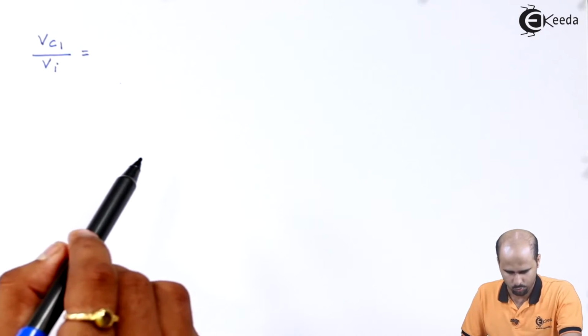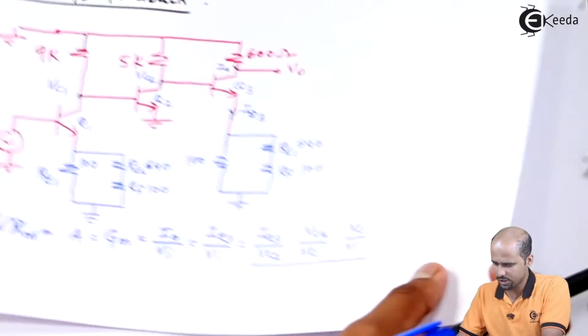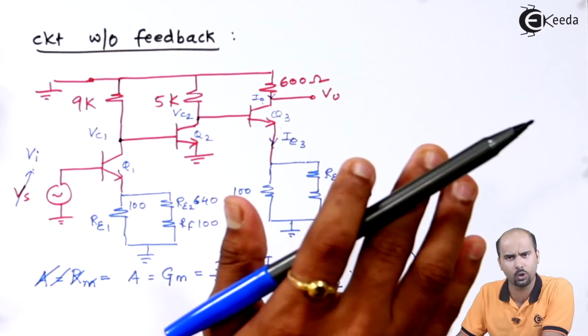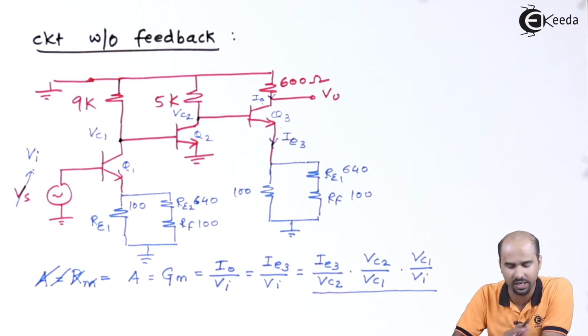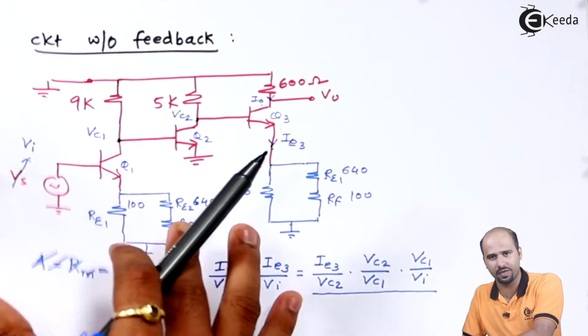So first of all, we have to calculate the intermediate parameters that are related to hFE, that are related to the CE equivalent model, for example GM1, for example RPI, for example RE. So all these parameters we have to find out.